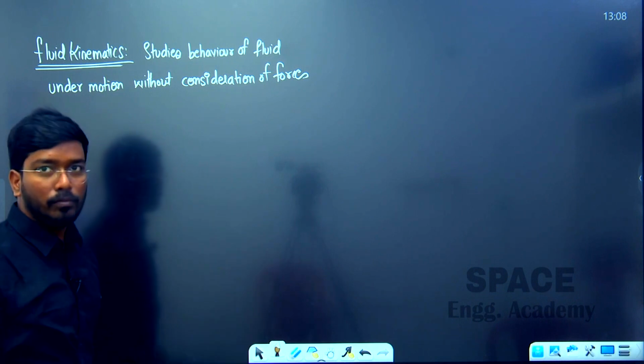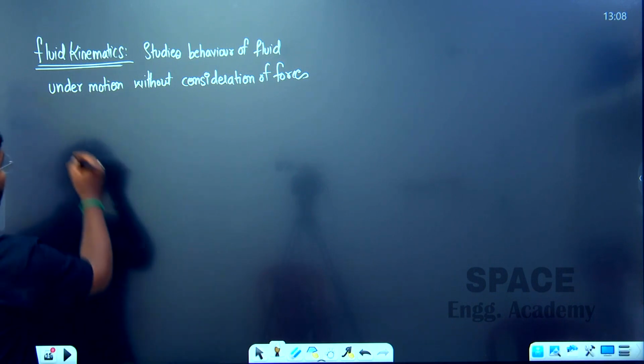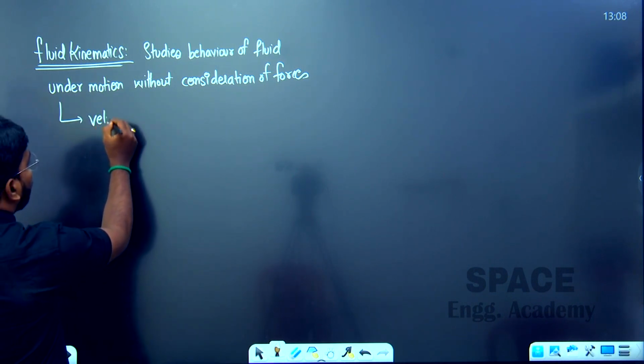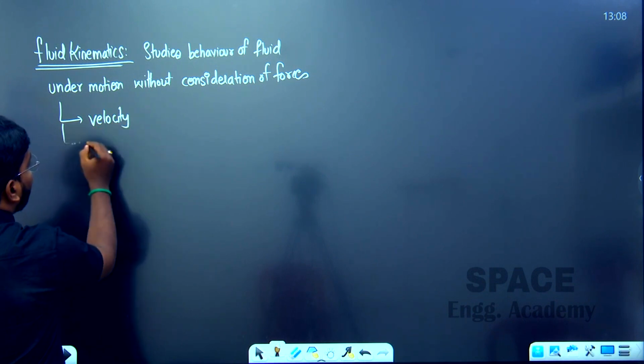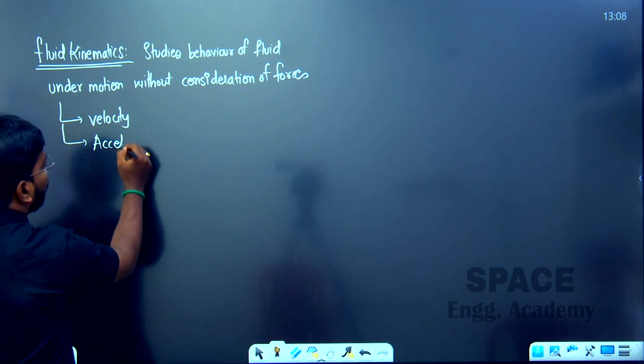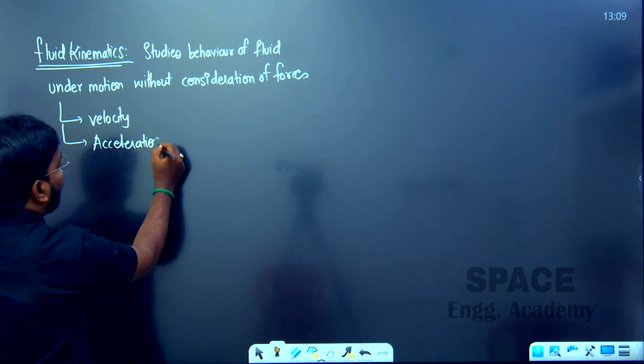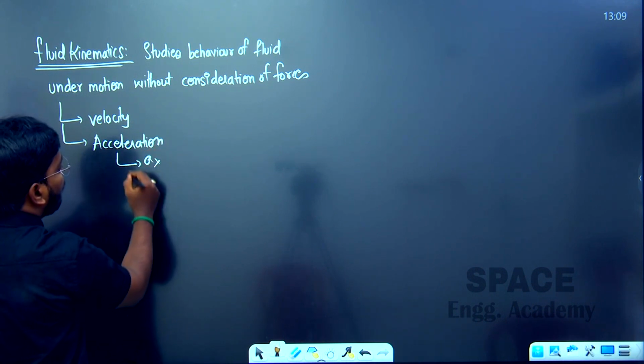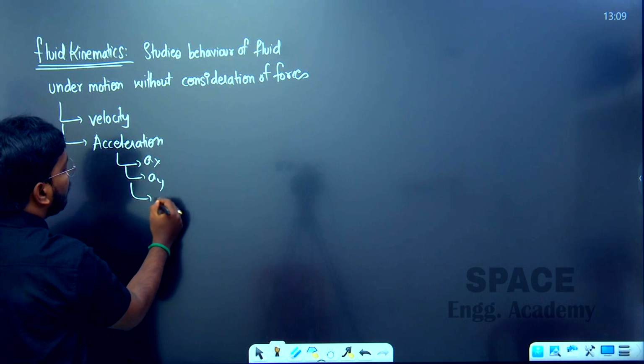We will be talking here about velocities and acceleration. In the types of acceleration, we will have acceleration in x, acceleration in y, acceleration in z.